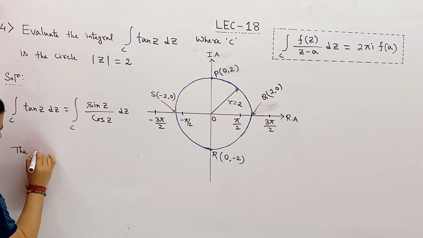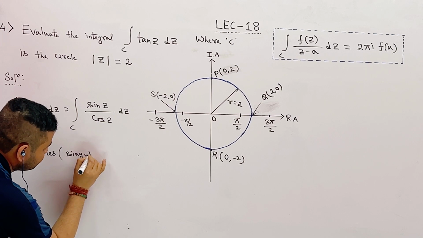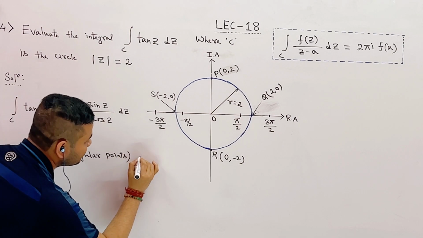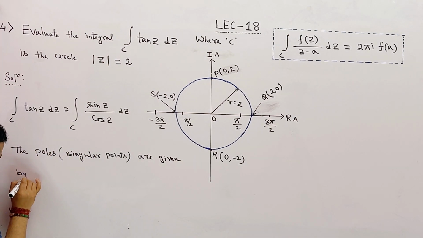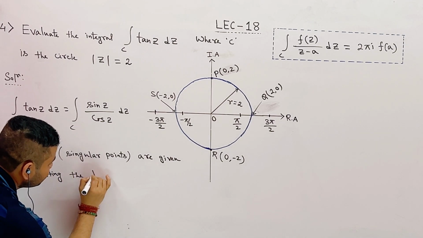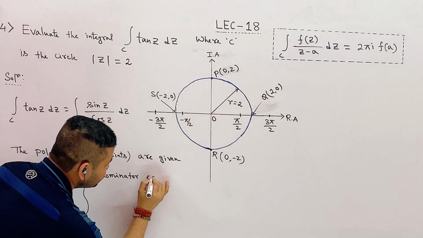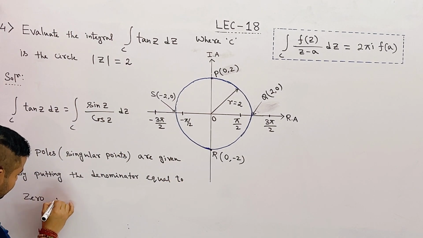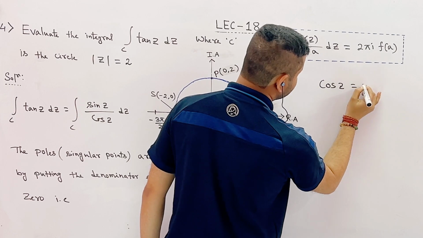The poles or singular points are given by putting the denominator equal to 0, that is cos z is equal to 0.